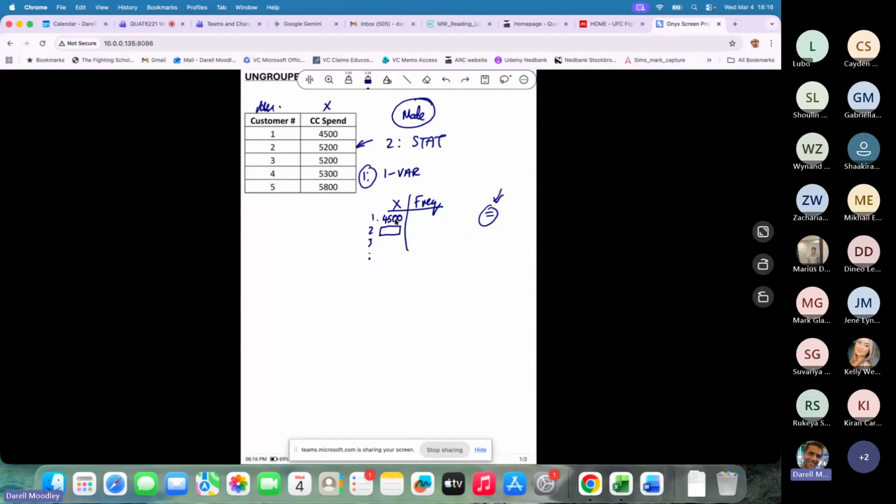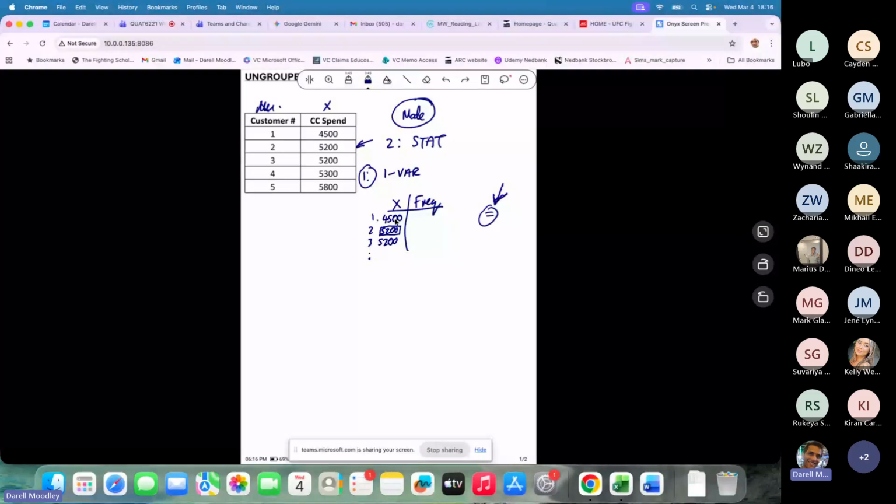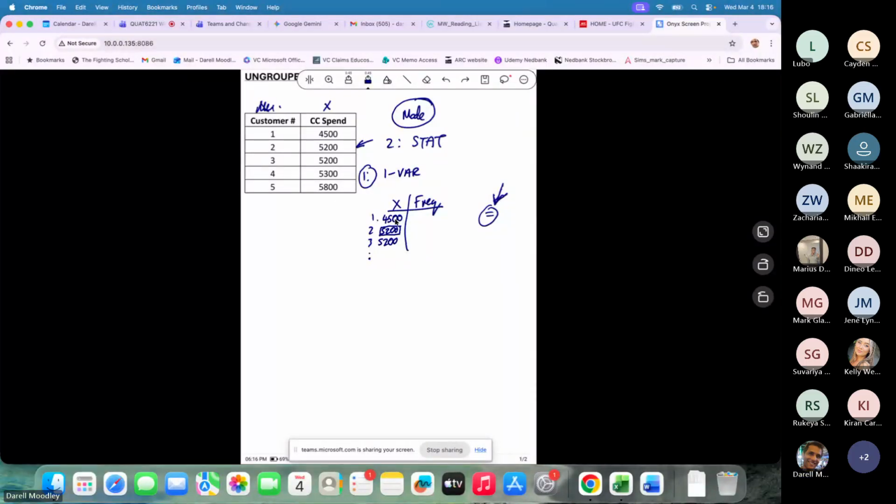Capture 5,200, hit equals again, and we'll do that all the way to the last data point. So do that now: 5,200, hit equals, then the next customer was 5,200 again, hit equals, 53, and lastly 58. You should have 5 data points there.